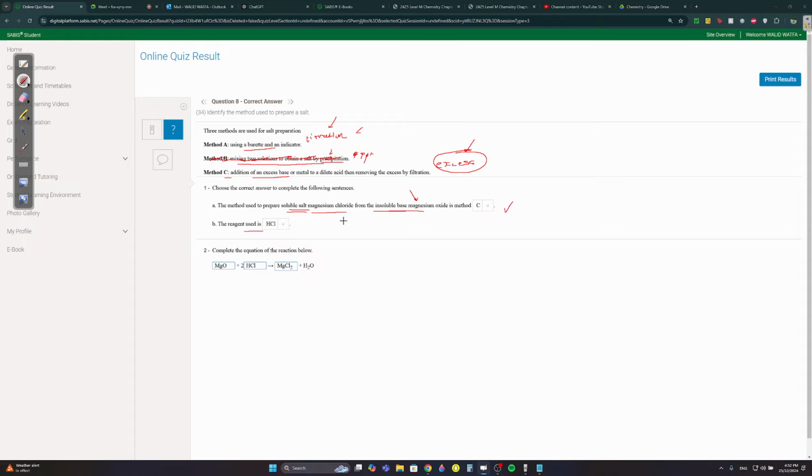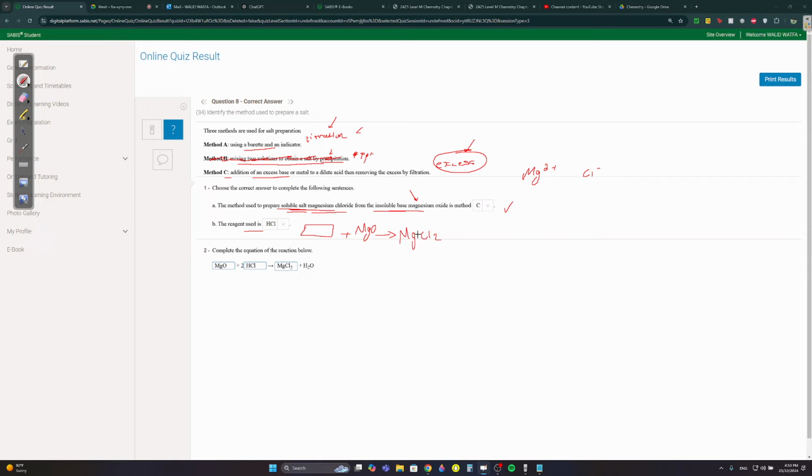The reagent used is what? Okay, basically, what do you have to add? They want to produce magnesium chloride, which is MgCl2, because, by the way, Mg2+ and Cl- crisscross to give MgCl2. From the insoluble base magnesium oxide, so you're adding MgO. We want to see what we have to add. Magnesium, we got the magnesium.